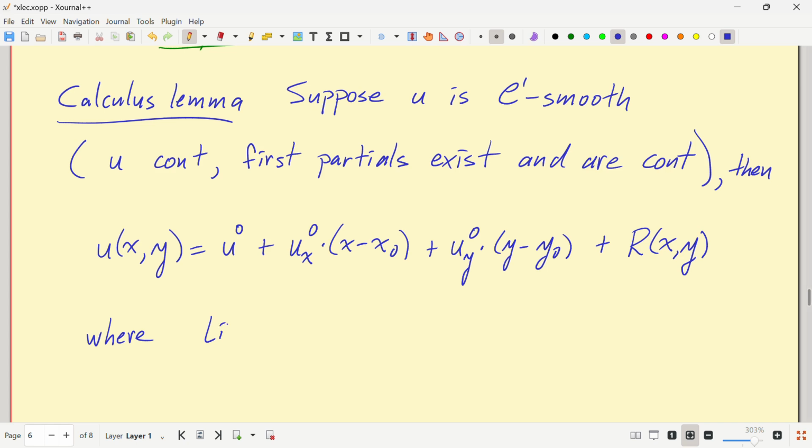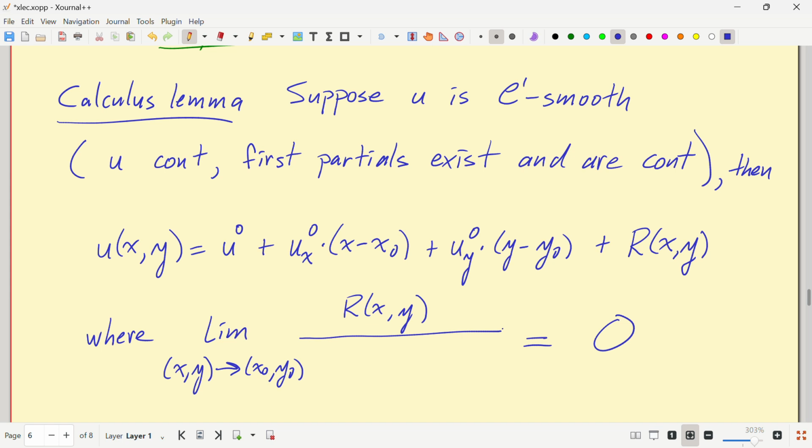Being C1 means that the limit as (x,y) tends to (x naught, y naught) of that remainder term goes to 0 so fast that even if I divide by something that goes to 0, namely the distance between (x,y) and (x naught, y naught), it still goes to 0.